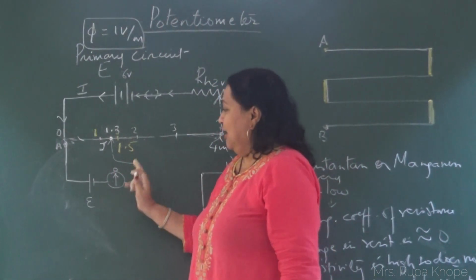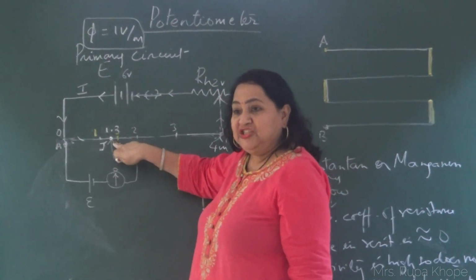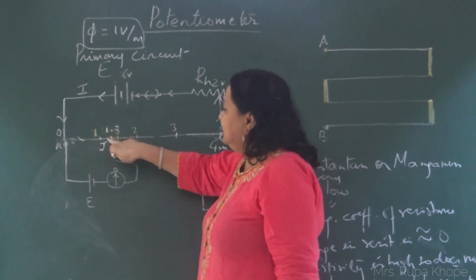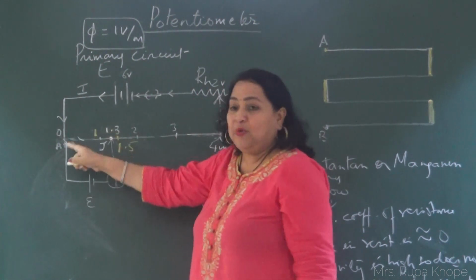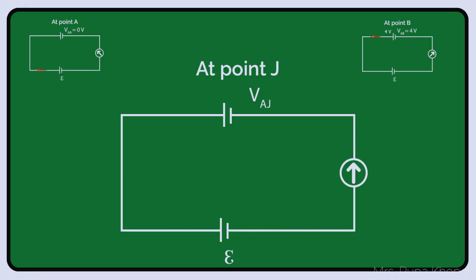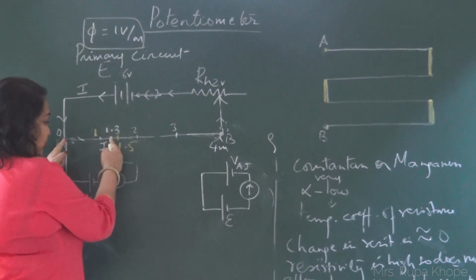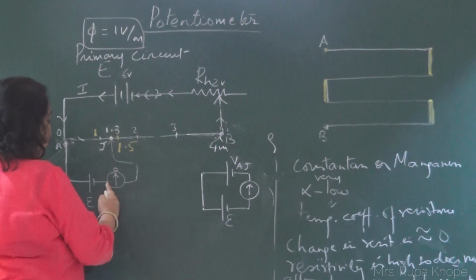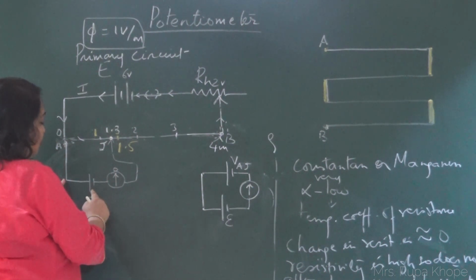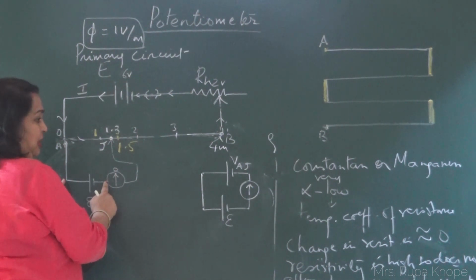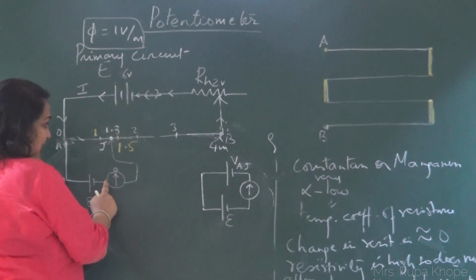Now, this point is the J point, and the distance from A to J is 1.3 meter. At that point I get 0 deflection. What is the meaning of that? The potential difference across AJ, VAJ, is equal to the potential difference across this unknown EMF, that is the cell.